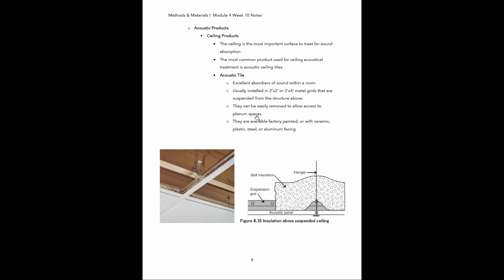They're available factory painted or with ceramic, plastic, steel, or aluminum facing. So there's a lot of different options when it comes to designing. A lot of times, people may think an acoustic ceiling might look ugly, but there's a lot of products on the market right now that are actually really cool looking, and there's a lot of different ways you can customize them. If you don't want to go with something super basic and traditional, there's all kinds of options.